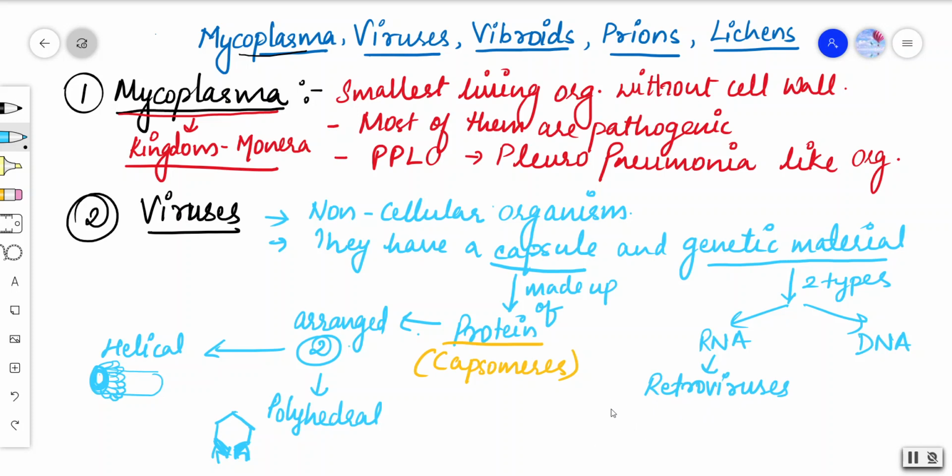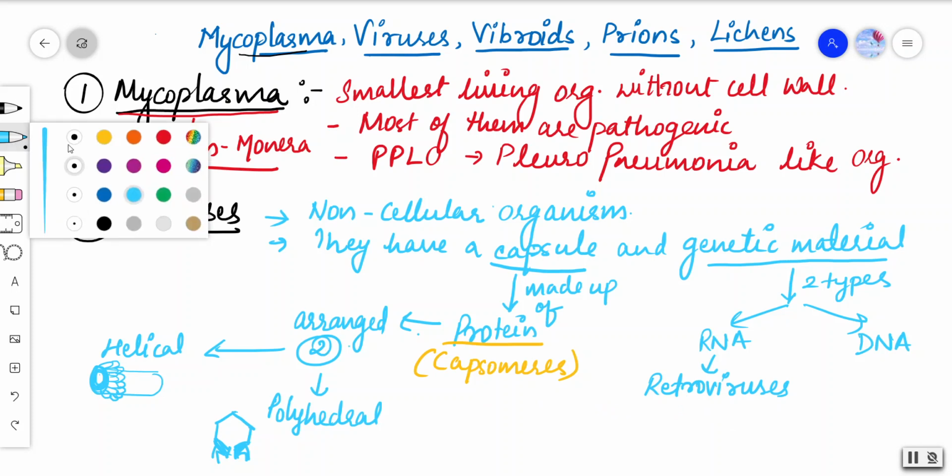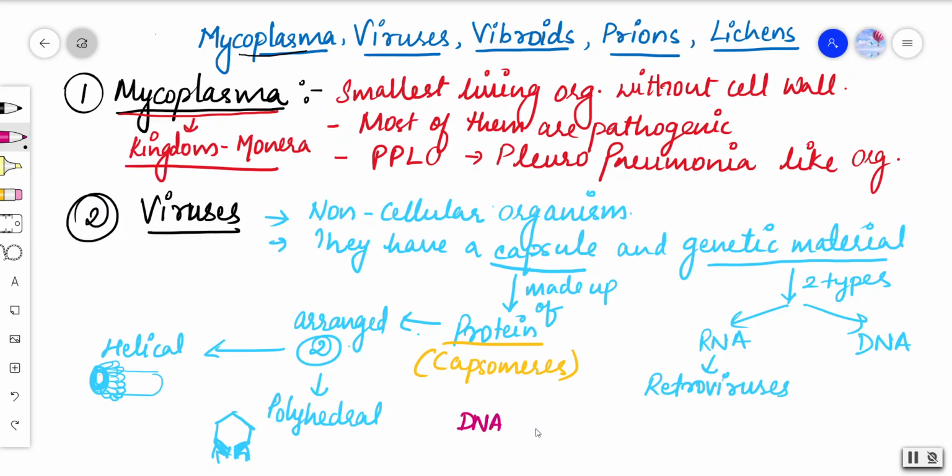We have seen the central dogma. Let me explain with this color. The central dogma has DNA, which gets transcribed into mRNA and then the protein.